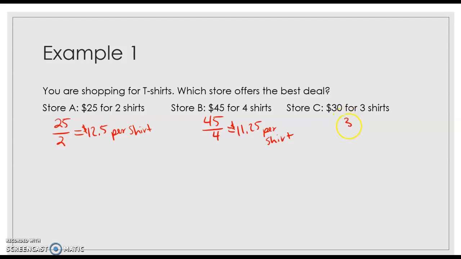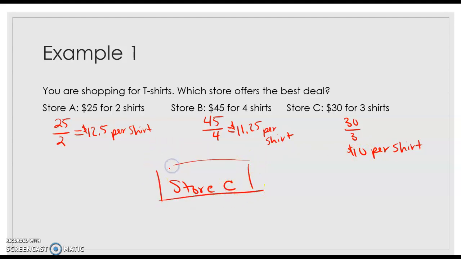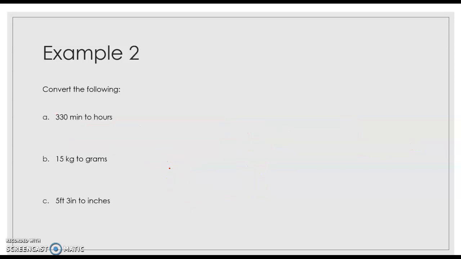And store C, $30 divided by 3, which is $10 per shirt. And so when we're looking at which one gives us the best deal, that's going to be store C, because it's $10 per shirt, so it is cheaper. Store C gives us the best deal.